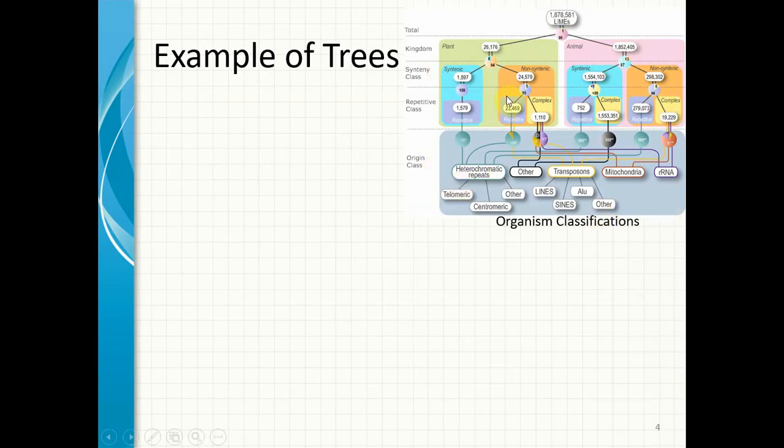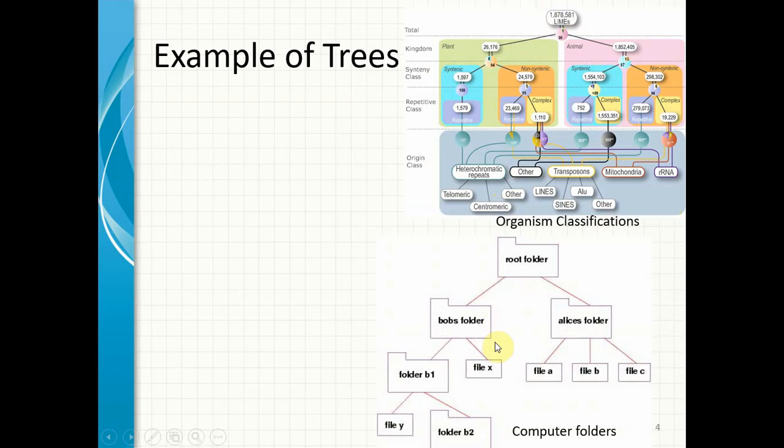So it's running through branches. In the folders, just like our computer folders, we have folders and subfolders and subfolders, and so on and so forth. At the end we have some files, just like the leaves in the tree.